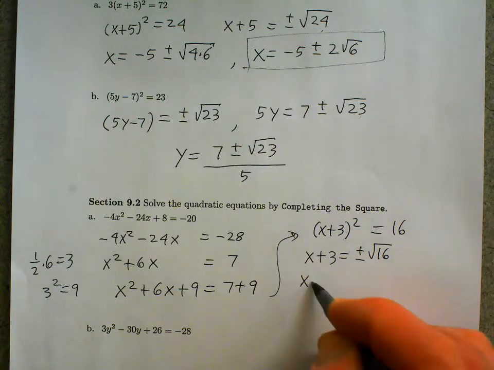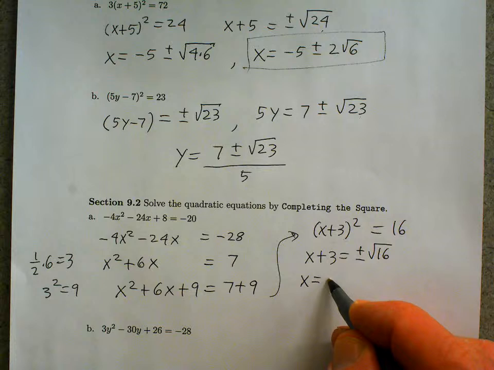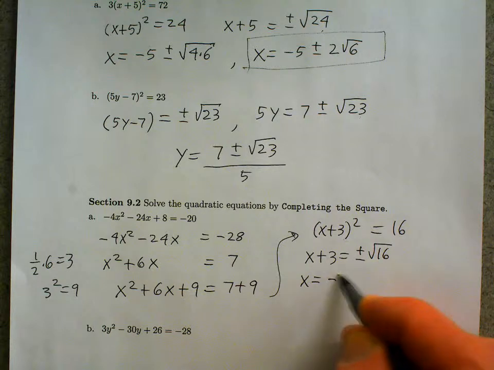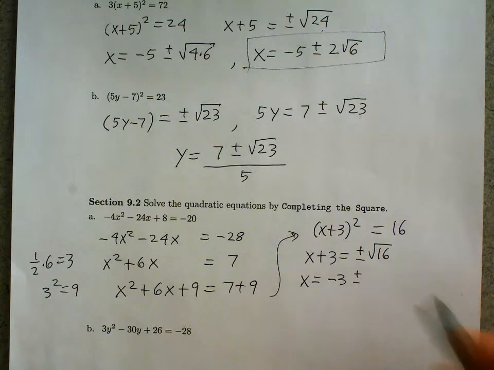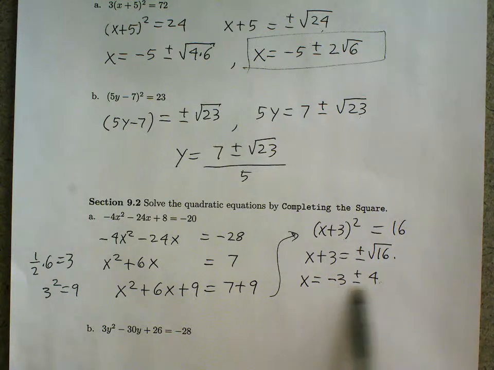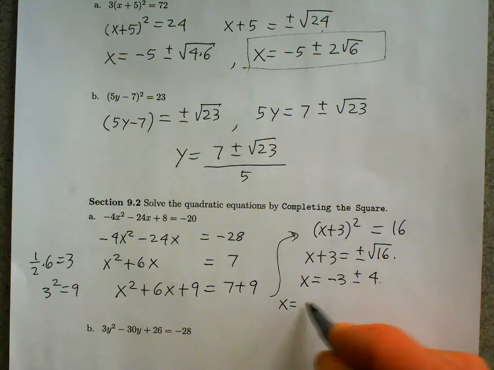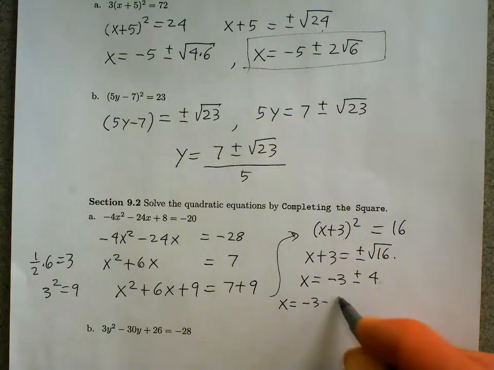And then in the next step, we can do two things. We can subtract 3 from both sides. So we get x equals negative 3 plus and minus 4, because the square root of 16 is 4. And we can simplify further because all of the numbers are integers. One solution is x equals negative 3 minus 4, which is negative 7.